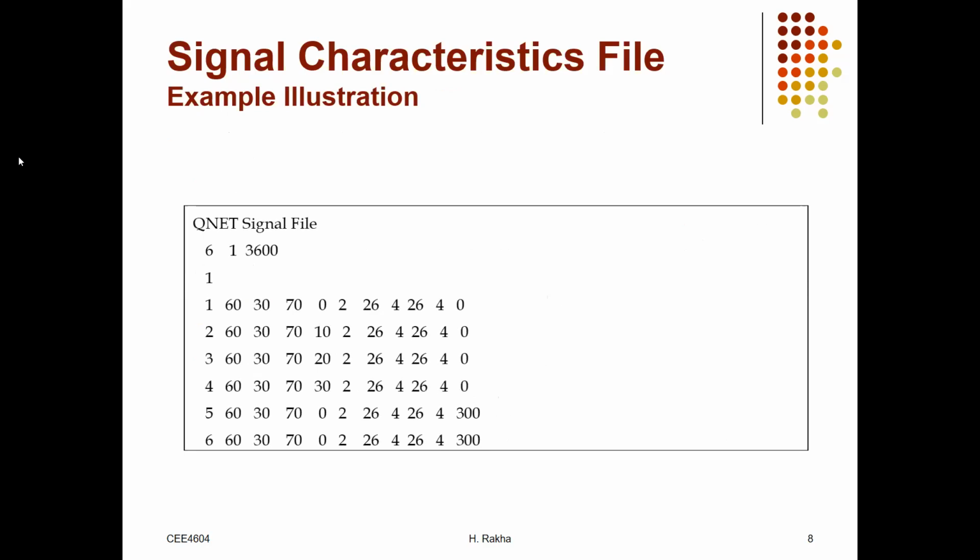So what you'd be coding is the same way we do in all the files. The first line is the title of this file. And then the second line includes the number of traffic signals that you have in this file, and then the number of plans you're going to have in this file.